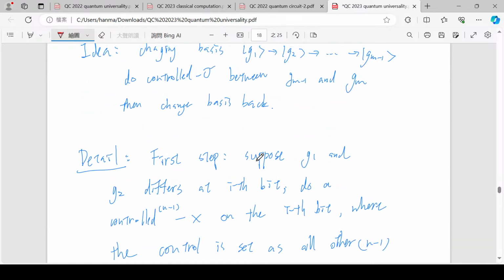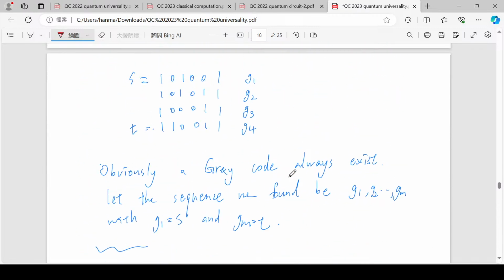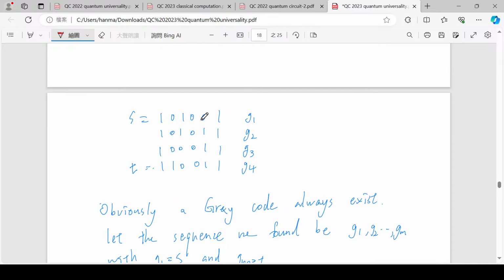Okay. And yeah, so how we do the change of basis is like, for example, we see G1 and G2 are only different in this bit. And so you control on all other qubits equal to those values. So you do a multi-control X on the fifth bit.